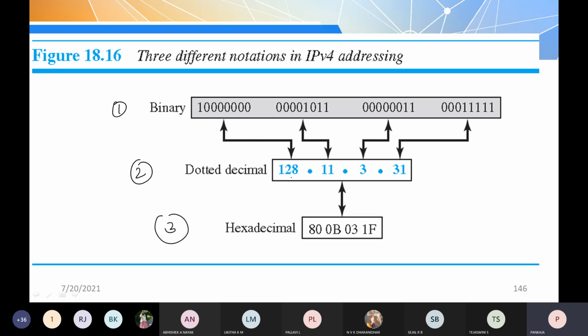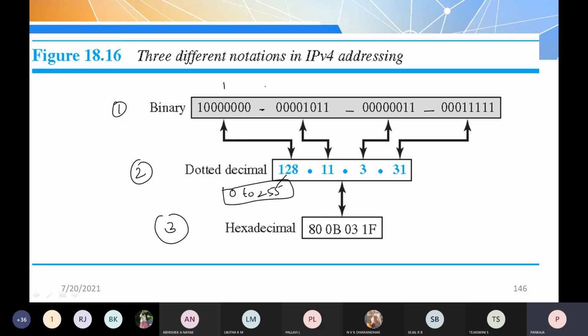This is the dotted notation. The value for each byte ranges from 0 to 255, so each byte can represent numbers from 0 to a maximum of 255. The same thing you can represent in binary. In binary we have not given any colon or dot; instead, a space is left in every byte.